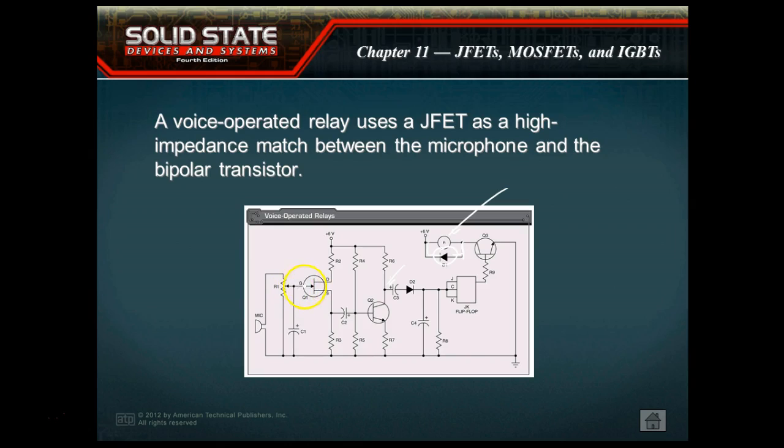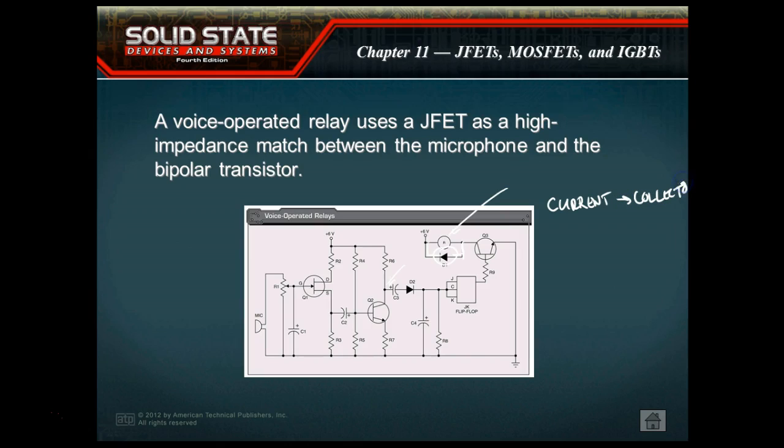All we want is a real high input impedance. Then we get a current gain out of the FET, which now we can drive a current-based BJT. Now remember, a BJT uses a current to control a collector current, right?